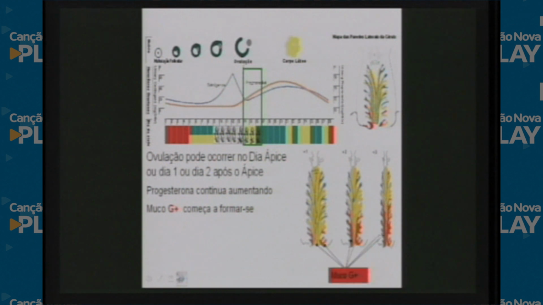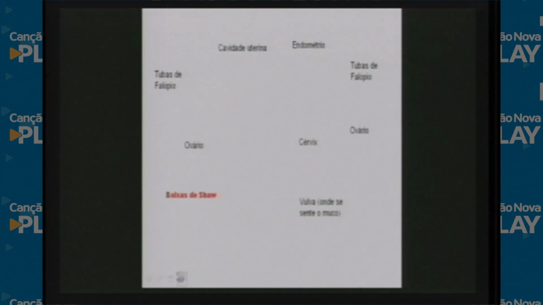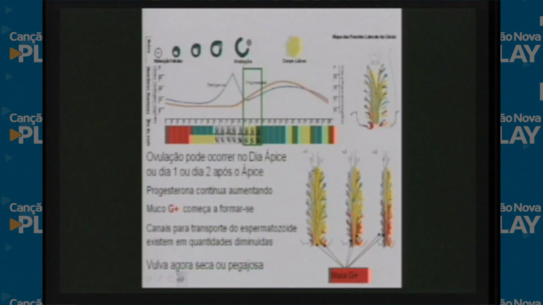The channels for sperm transport still exist, but in diminishing numbers. The vulva is now dry and sticky.